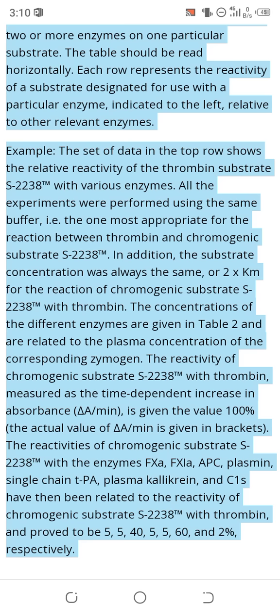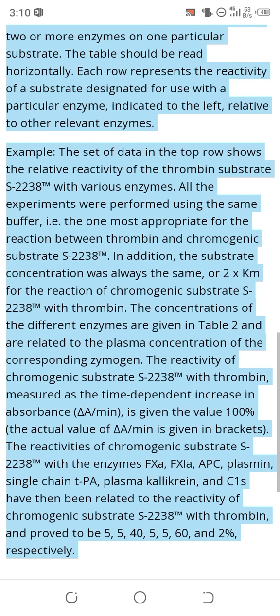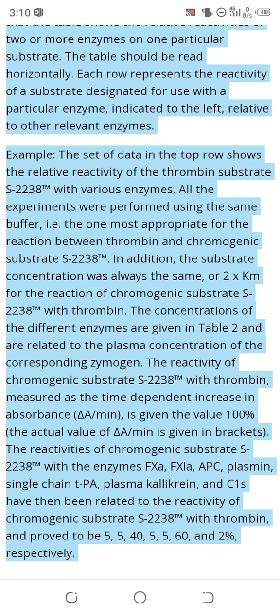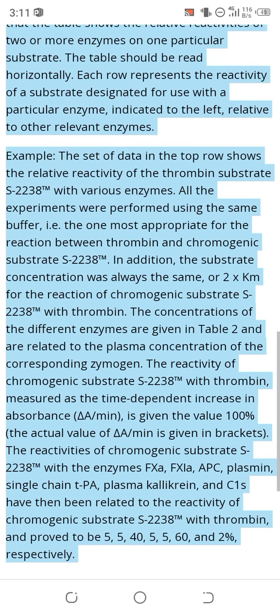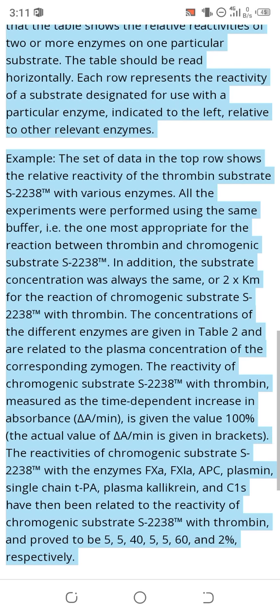All the experiments were performed using the same buffer, the one most appropriate for the reaction between thrombin and chromogenic substrates. In addition, the substrate concentration was always the same, 2 times Km for the reaction of chromogenic substrates with thrombin.